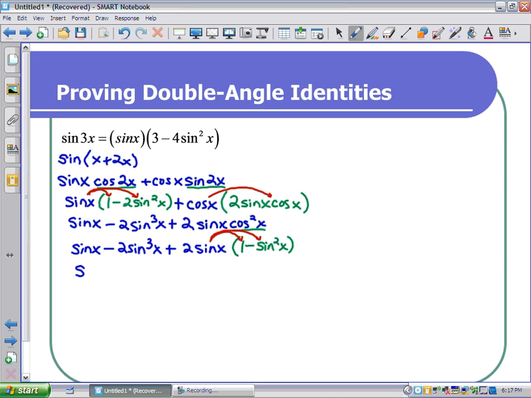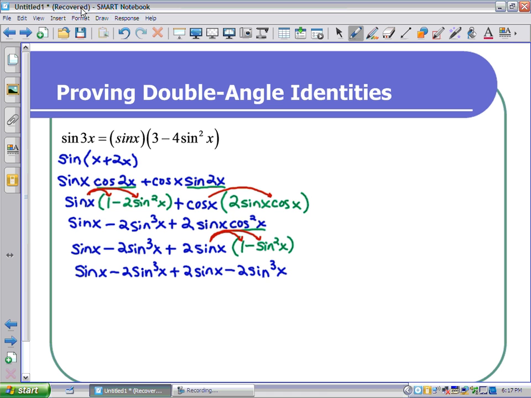So we have sine x minus 2 sine cubed x, and when I distribute, I get plus 2 sine x, and then 2 sine x times negative sine squared x, I get minus 2 sine cubed x.